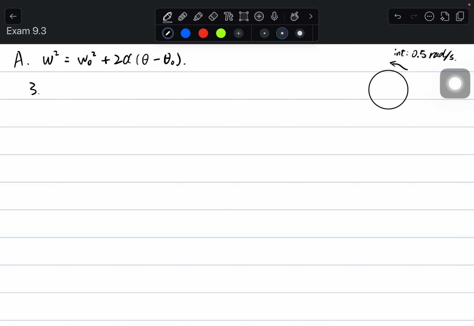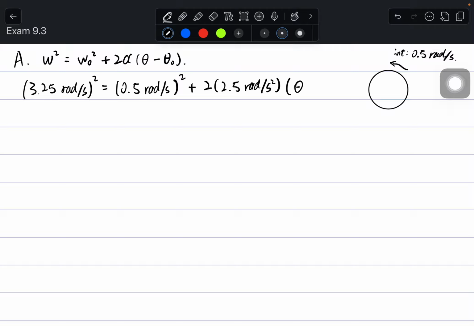So 3.25 rad/s squared equals the initial speed, which is 0.5 rad/s, squared, plus 2 times the angular acceleration, which is 2.5 rad/s², times the difference of angle.